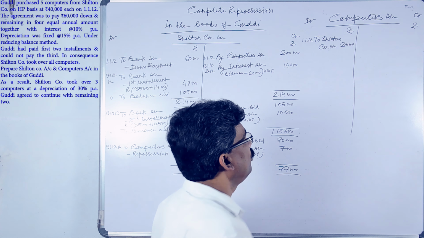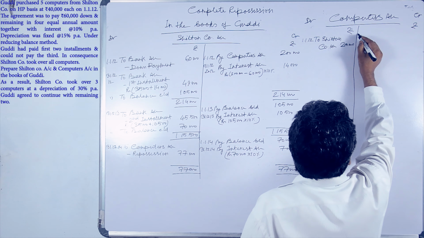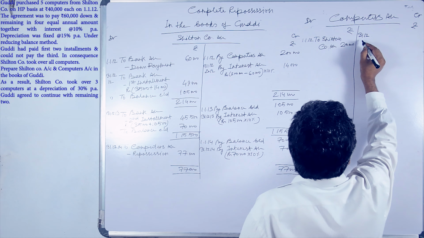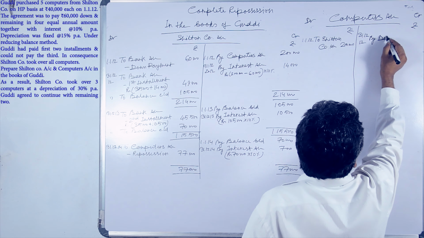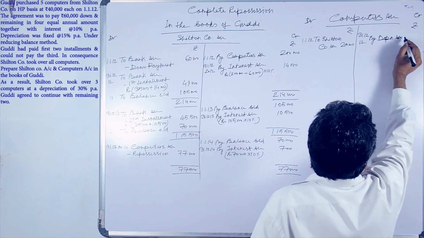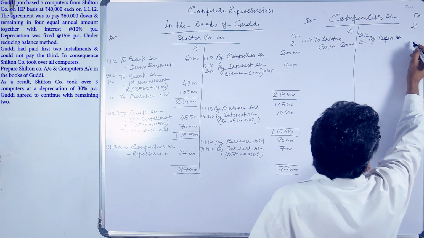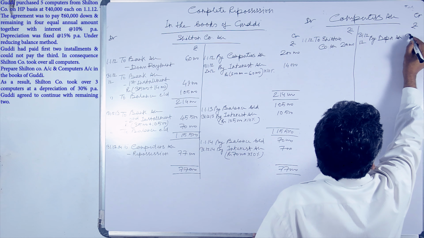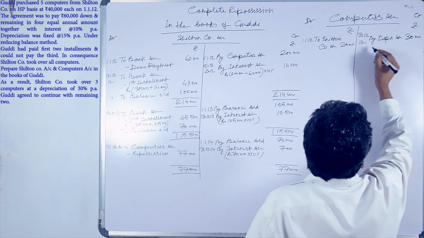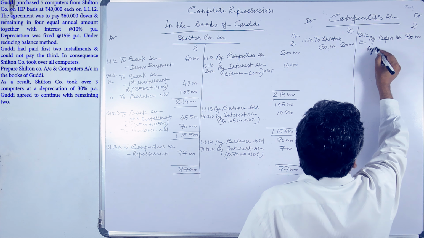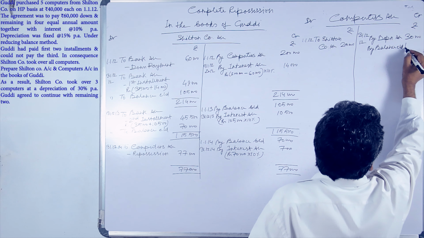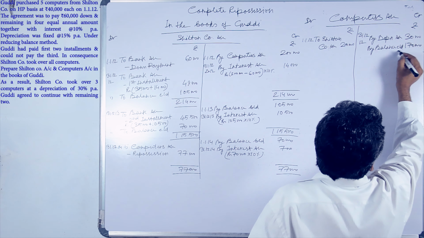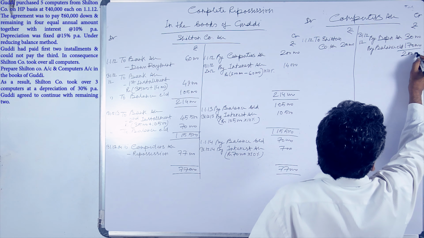At the year end, depreciation is to be charged. 31/12/2012 by depreciation account. 15% the rate of depreciation it is said, 15% on 2 lakh is 30,000 and the remaining is to be taken as balance C/D. And by balance C/D is coming 1,70,000 because the total amount is 2 lakh.